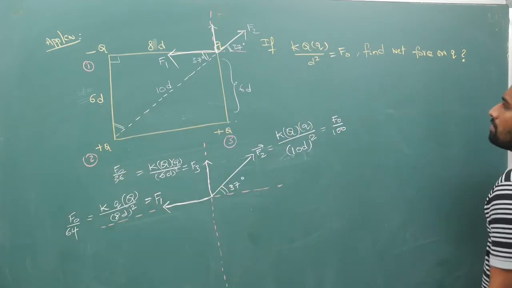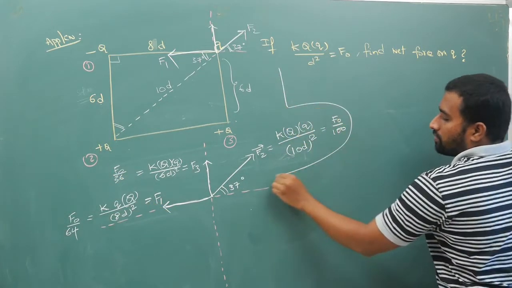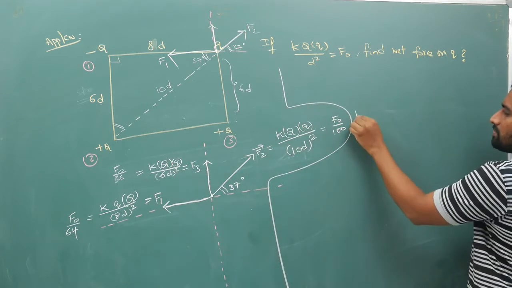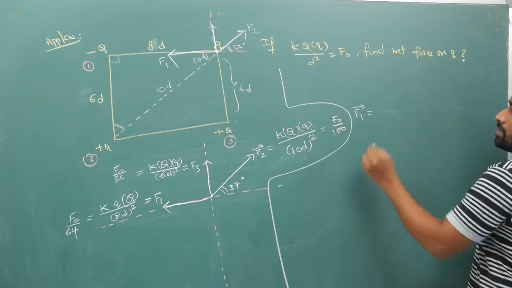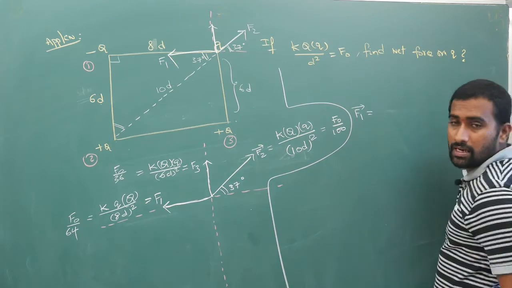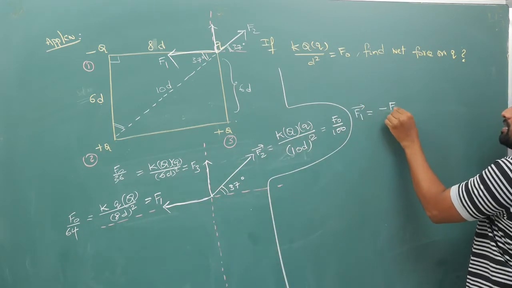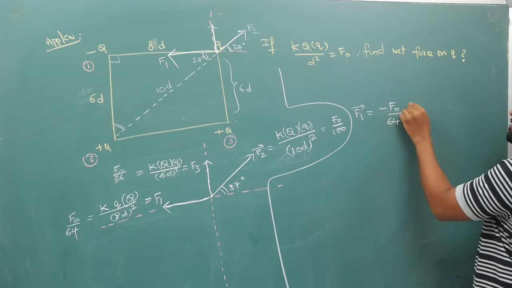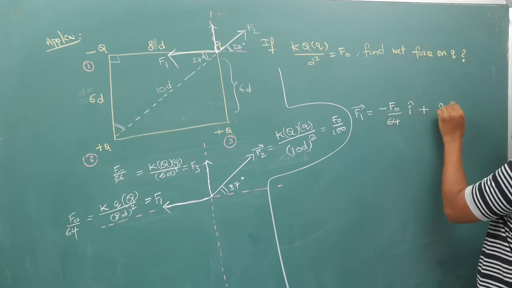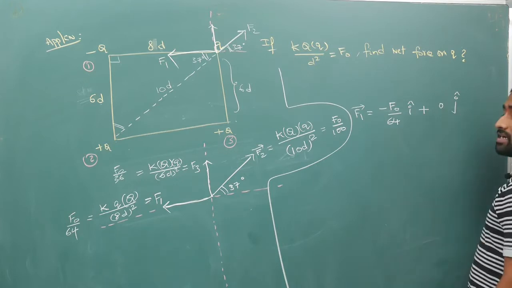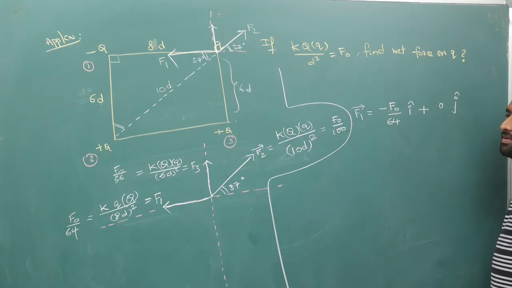Now to get the resultant force, we need to write each vector in terms of i cap and j cap. So your first force F1 bar is towards the negative x-axis. So it is minus F0 by 64 i cap plus 0 j cap. For a vector along the x-axis, you can refer to my vectors video.